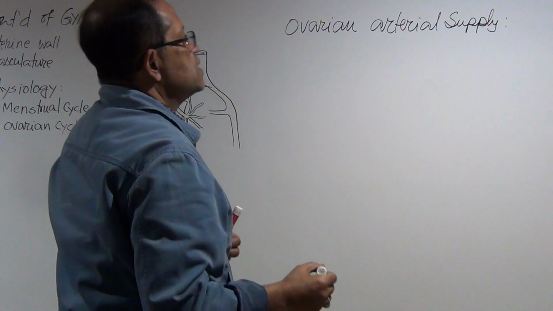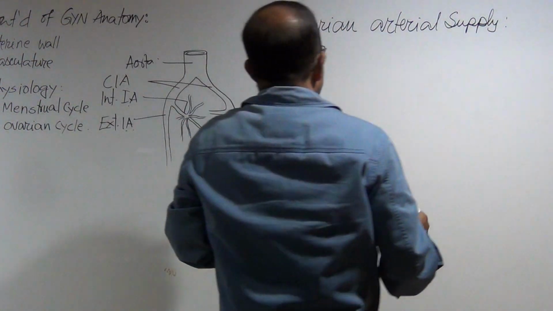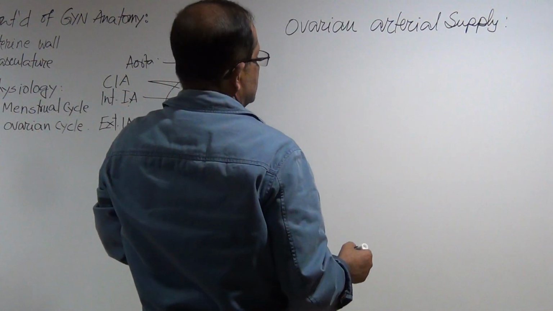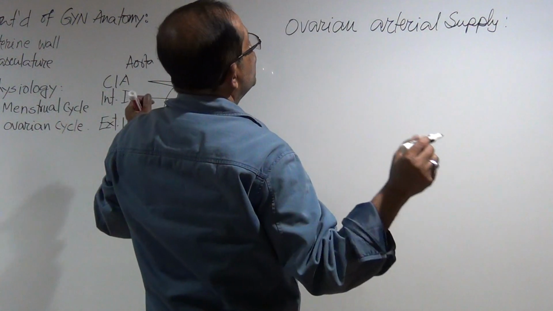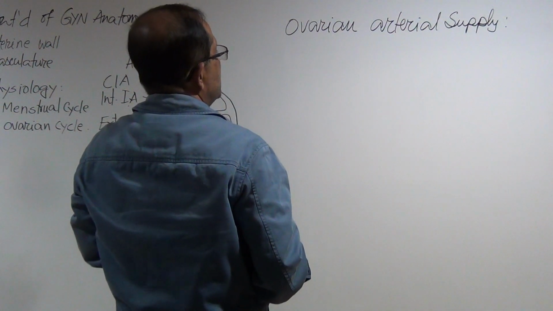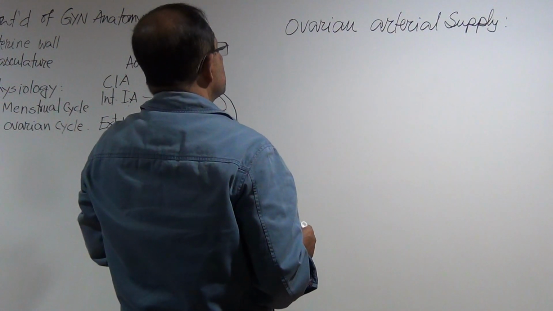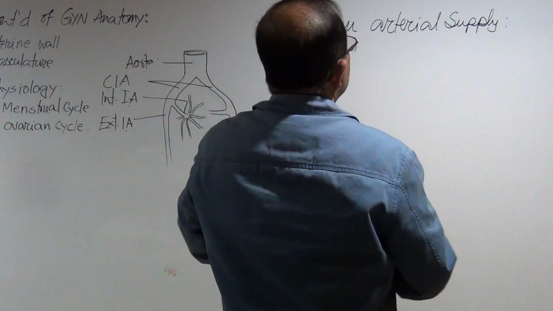Ovarian arterial supply. As we know, there are two ovaries, and they are by the side of the uterus.